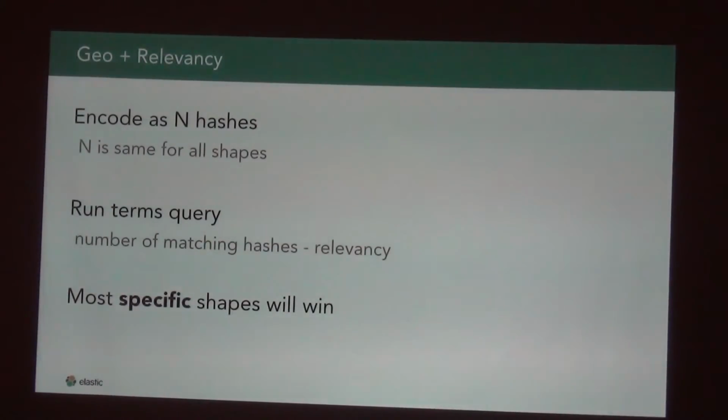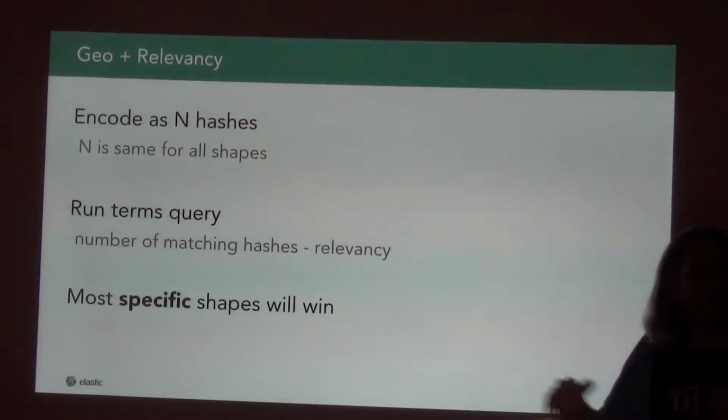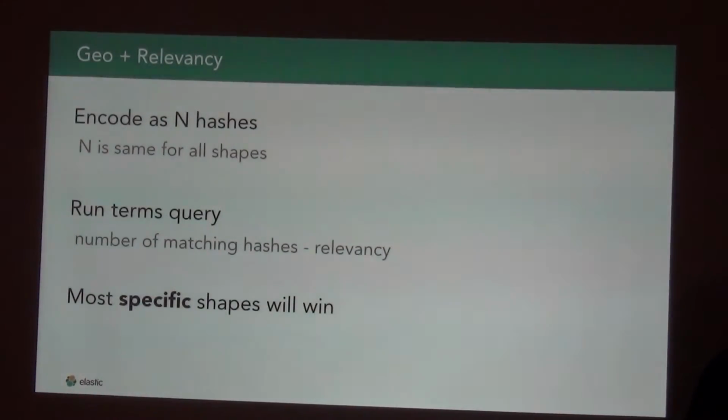In our example, when we have 1,000 cells representing a street and we're looking for a house, the house will probably have at least 100 of those cells inside its shape. When we're looking at the continent, there'll be one at most. So not a very relevant match. This is how you can introduce the concept of relevancy and the quality of the match to a problem that seemingly doesn't have it.